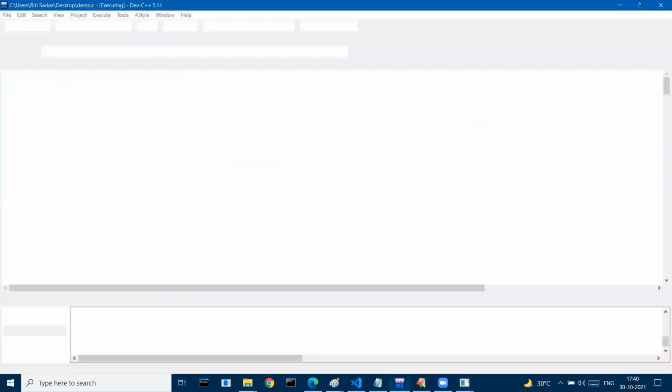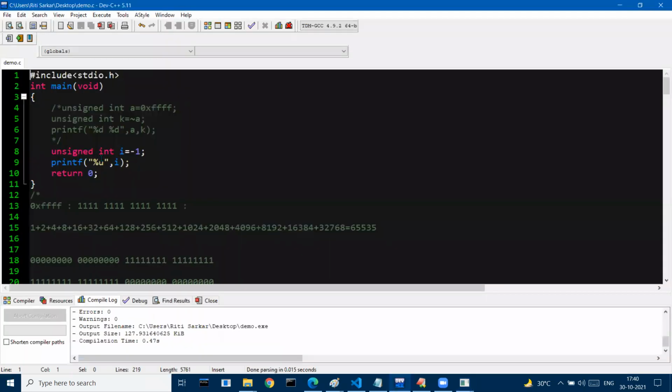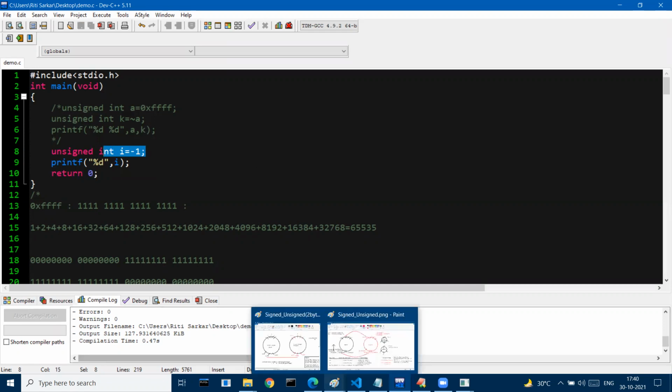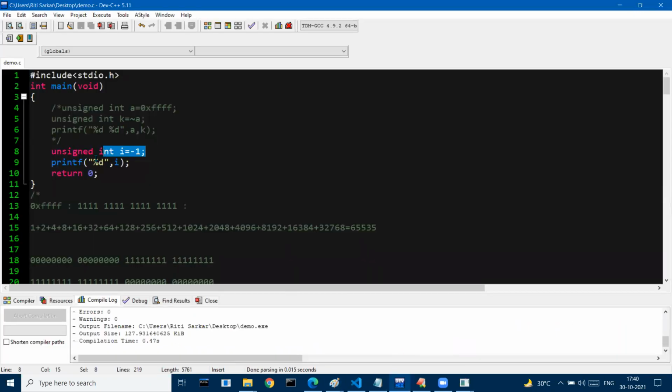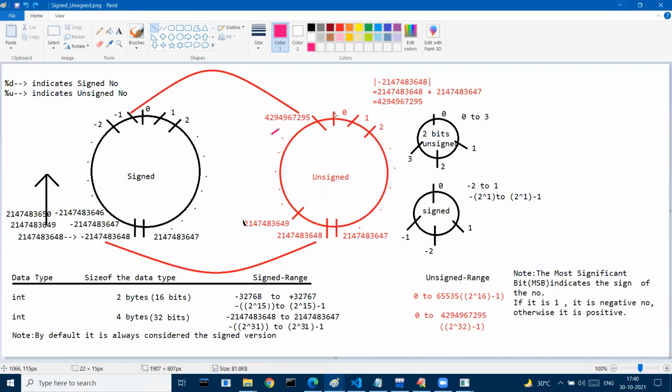Sir, now what I will do? If I make it percentile D, what will happen? Internally, what is it considering? This value. Now we are using which one? Format specification percentile D. That means you are asking, please print this value like a signed number, because you are using percentile D format specification.